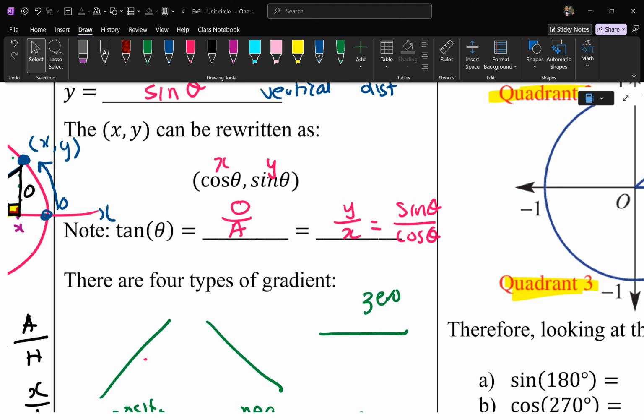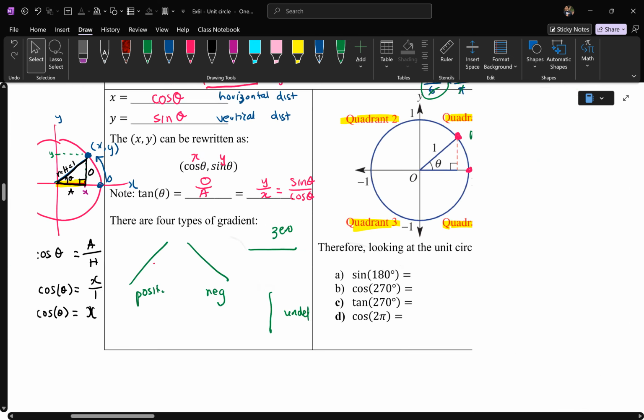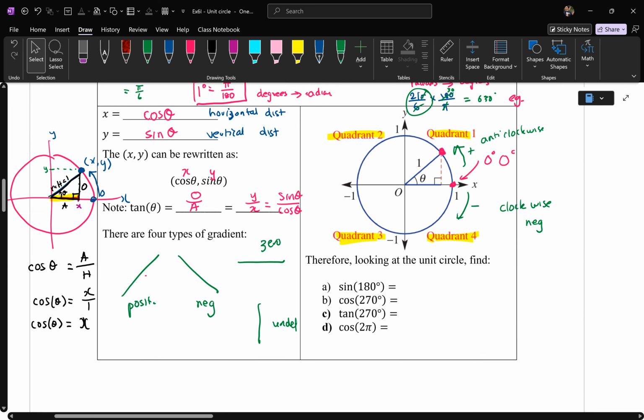So technically tan of an angle is equivalent to sine theta divided by cos theta. And previously I showed you that y over x is the gradient. Knowing your 4 types of gradients is what tan represents. So if you type tan of whatever angle, you can figure out the gradient of the line around the circle.